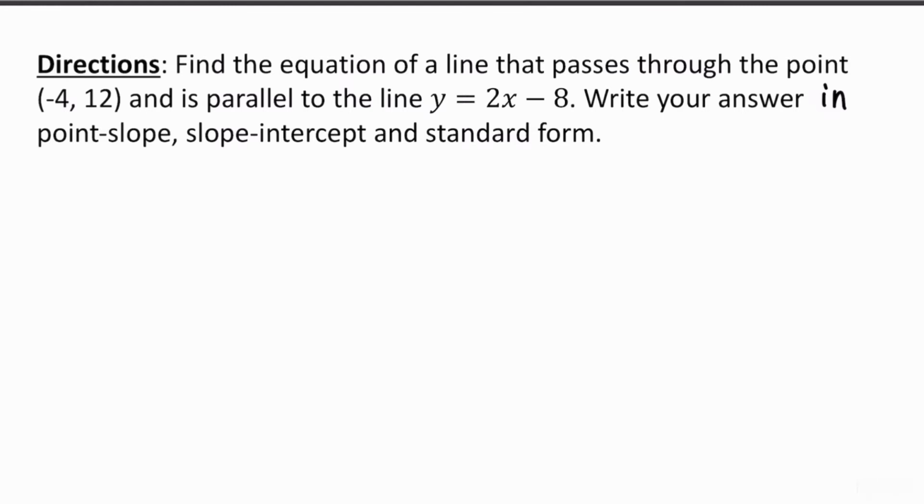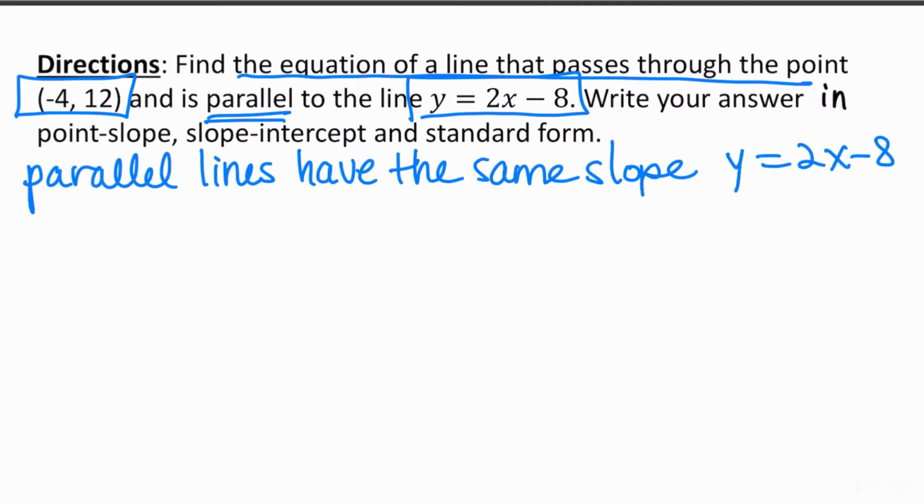So the first thing that you have to realize is we're trying to find a new equation. This new equation passes through the point (-4, 12). However, this equation is parallel to the line y equals 2x minus 8. Remember what we said about parallel lines? Parallel lines have the same slope. We need to figure out the slope from this equation.